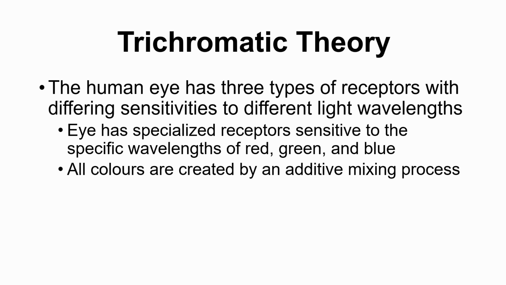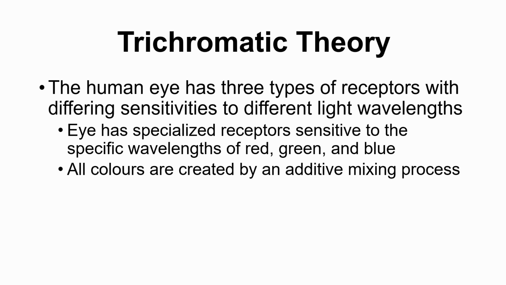But in this theory, they've noted that the human eye has three different types of receptors that have differing types of sensitivities to wavelengths of light. So what that's saying is that we have three different kinds of cones, and each of those types of cones will have a sensitivity to different wavelengths of light.